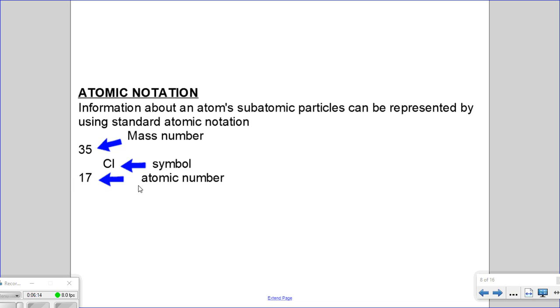With standard atomic notation, you have the symbol for the element, and written on the left-hand side, superscript, is the mass number, and we'll go through what the mass number is. Then on the left-hand side as well, subscript, is where you would write the atomic number.